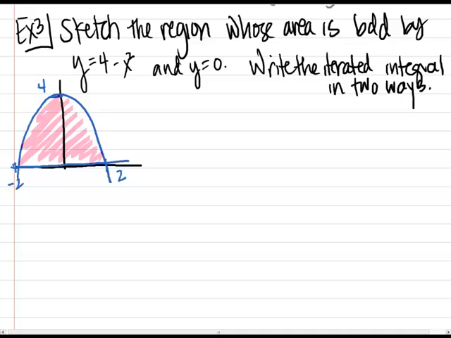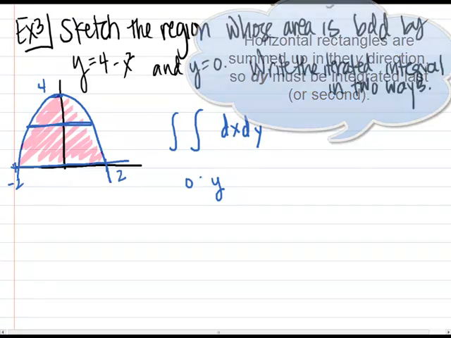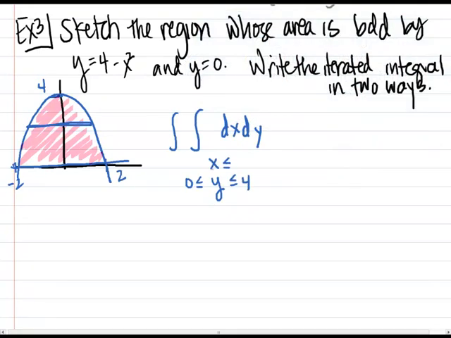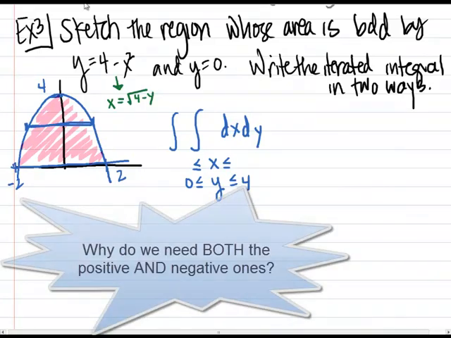If we were to look at this as horizontally simple rectangles, then we want to consider our bounds for our integral, and that's going to be with a dx dy. These horizontal pieces are going to be summed up from 0 to 4, and then our x's, they're bounded on the left and right by the parabola, but we need to write this equation in terms of x, so that would be x equals the square root of 4 minus y, and x equals negative square root of 4 minus y.